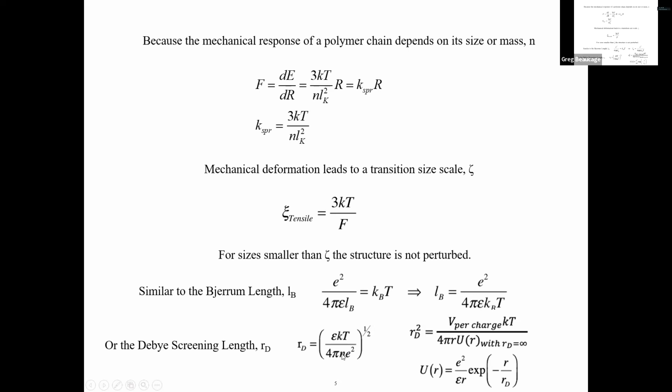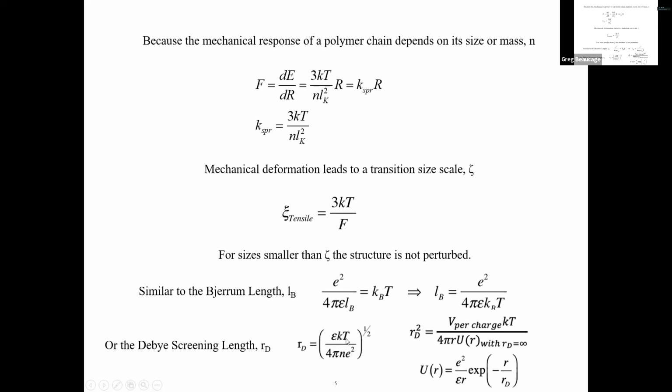In that case, the idea is that the counter ions form a cloud around the charges. And as the temperature goes up, that cloud kind of disperses. So at the higher temperature, the Debye length is where you don't feel the charges anymore. So the charge feeling gets larger with temperature.